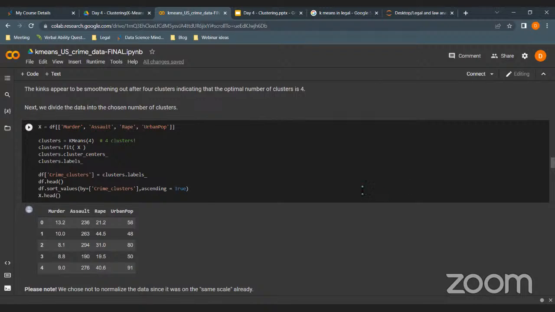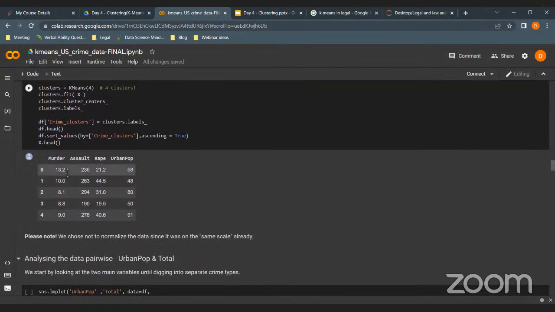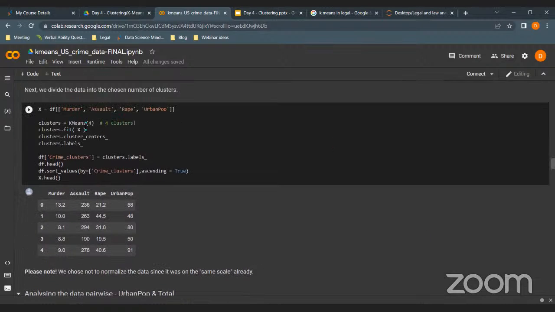On doing K-means, we found these values. Sorry, here we are having K-means 4. So we are having these many. Sorry, clustering is not done.